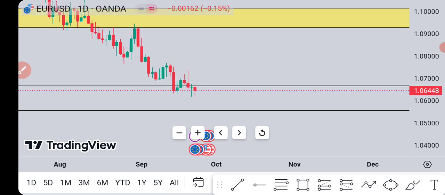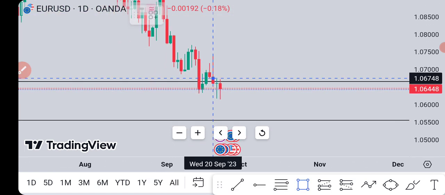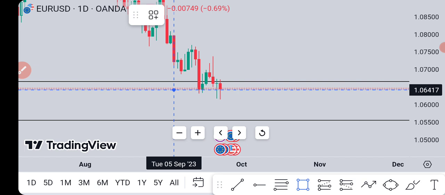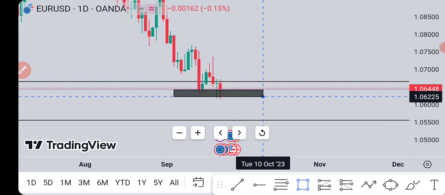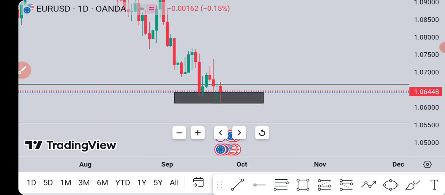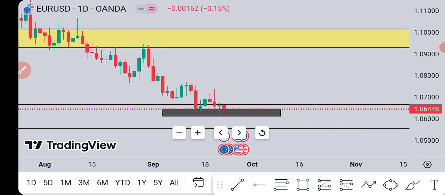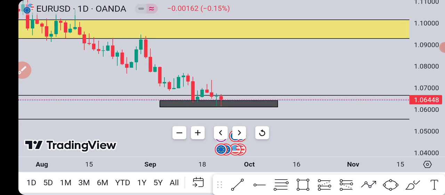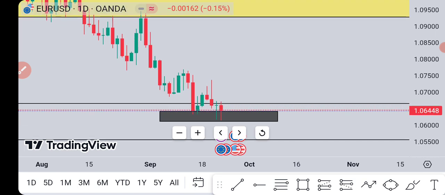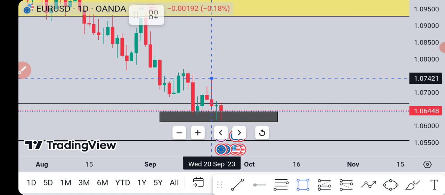So for now, on the daily time frame, since we got rejection from this daily zone from here, now I'm looking for buying opportunities, short-term buying opportunities, not selling opportunities anymore. We rejected these levels with two daily candles, two weeks, rejected this zone, and we have a break.